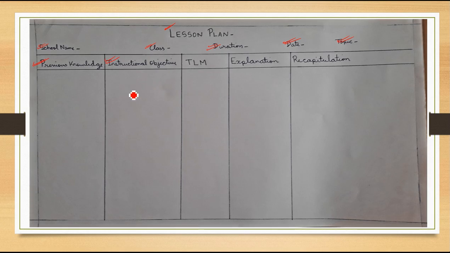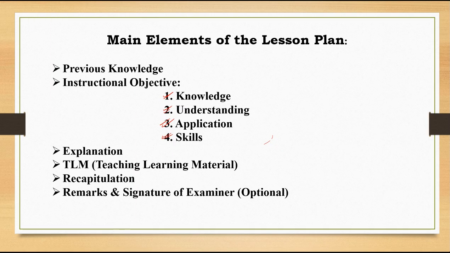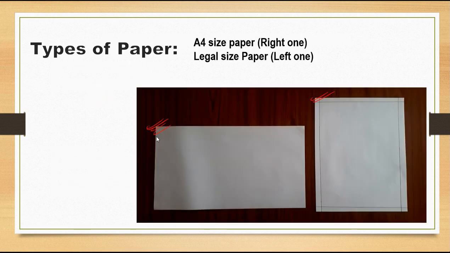What is the knowledge that you aim to impart? Understanding, what do you expect the students to understand by the end of the class? Then you have application, where you expect the students to apply the concepts that they studied today. And then the skills, which means what are the skills that you expect the students to develop by the end of your class. Now these 4 subtopics are taken from here, which I have already explained. Knowledge, understanding, application, and skills.